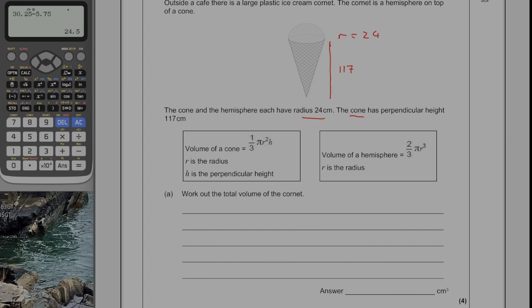So the volume is going to be equal to the volume of a cone, 1/3 pi times 24 squared times 117. To that, we want to add on the volume of the hemisphere, and it is a hemisphere, not a sphere. It's 2/3 of pi times the radius, which is 24 cubed.